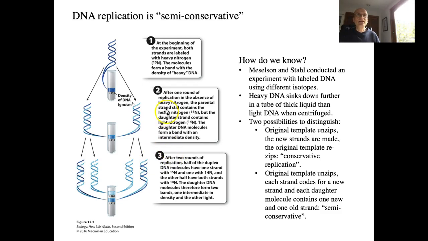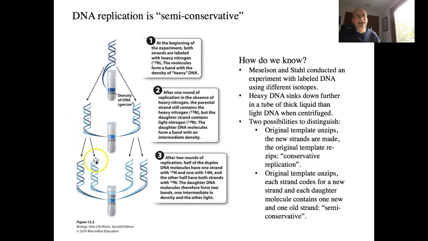And so then after two rounds of replication, half of the duplex DNA molecules have one strand of the heavy and one of the light. And the daughter DNA molecules therefore form two bands, one intermediate in density and the other one light. So we start with the heavy stuff. We have the intermediate in the first round of replication where we only have the dark and the light.